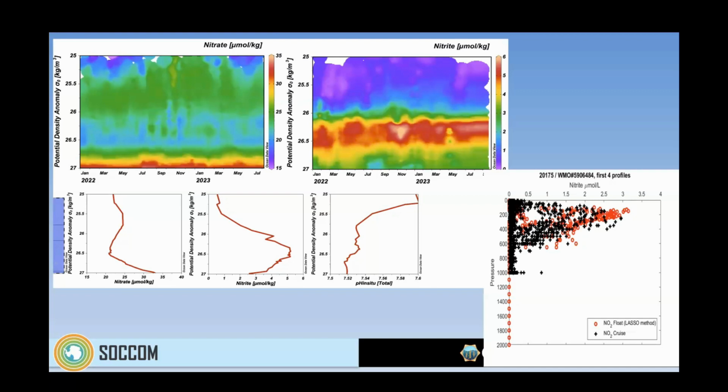So this is a float in the OMZ of the Eastern North Pacific, and that's the nitrite versus 1.5 years or so of data, watching the nitrate get produced and go away in the system. I feel like we're on the frontier, because it's a machine learning method. No. Never be machine learning. Anyway, okay, I'm done.